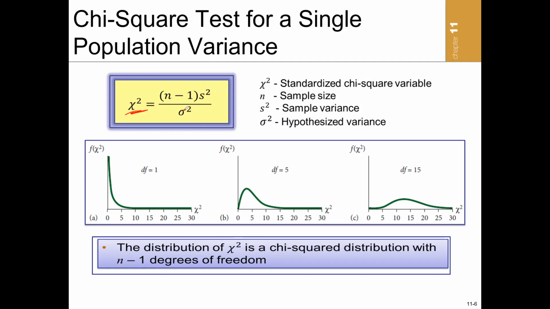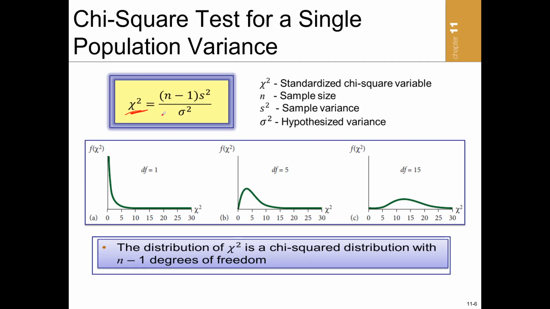And then divided by the population variance. So that is how we compute our own chi-square. And when we're able to compute it, we'll read the chi-square from the table, draw our graph, and then make a decision, okay?